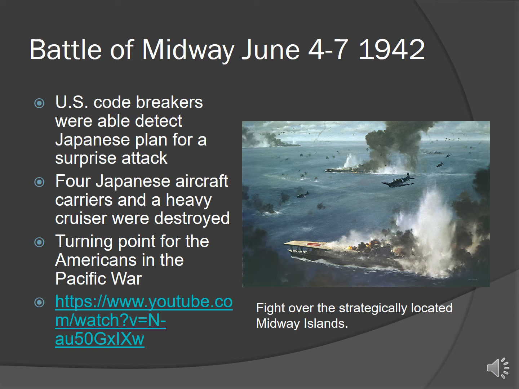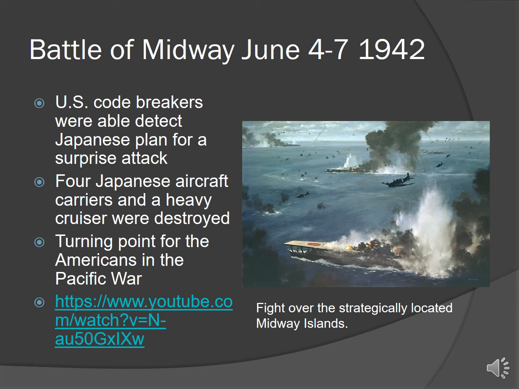And the end result of this very dramatic battle was that 4 Japanese aircraft carriers and 1 heavy cruiser are going to be destroyed. This is very important, not only because the United States can now advance its fleet forward towards Indonesia and the Philippines and then eventually Japan, but also because now the Japanese aircraft carriers have basically been destroyed.